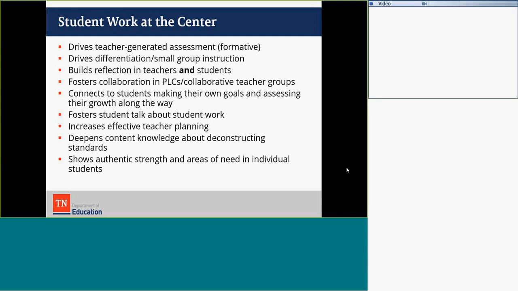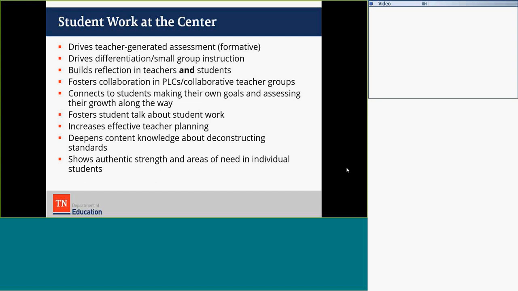And through looking at the student work and analyzing it, our teacher planning absolutely increases in depth and importance, especially when we're doing it with colleagues. As our instructional plans improve, we're looking at student work, analyzing it. Certainly our content knowledge is deepening, especially when we deconstruct standards while we are planning, to make sure that we understand what the standard is asking students to show or demonstrate.